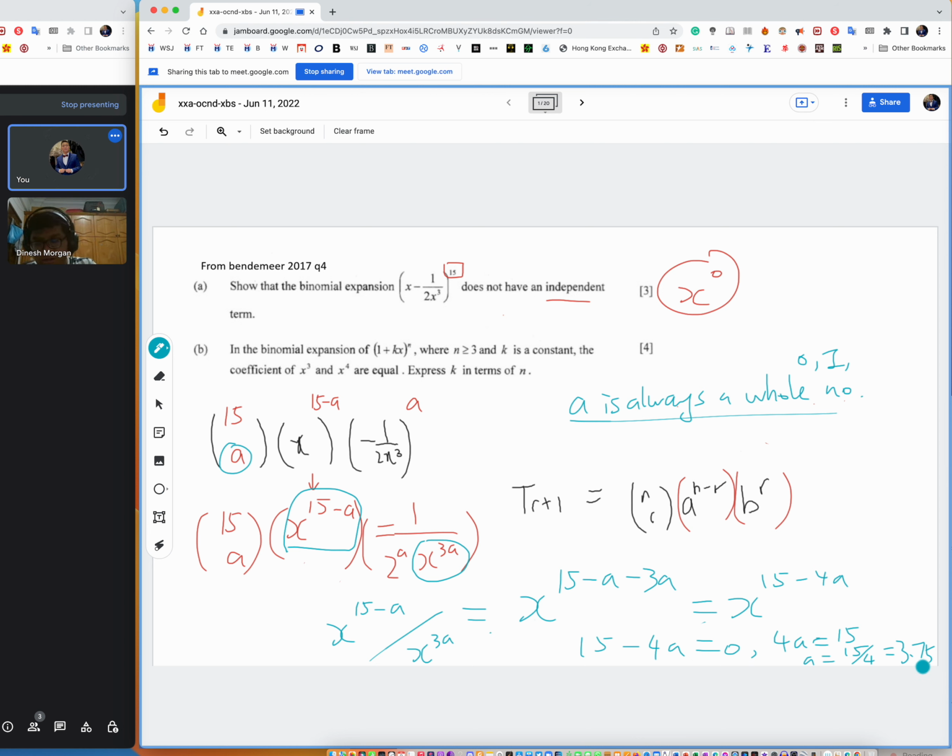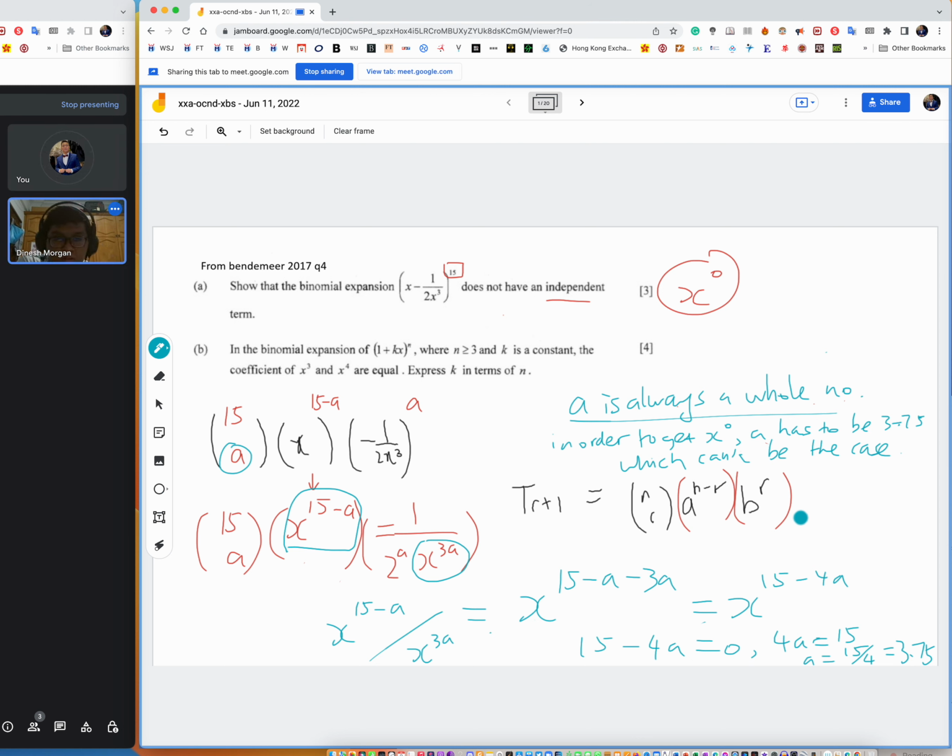That's how you show it. So a is always a whole number, and in this case, in order to get x to the power of 0, a has to be 3.75, which can't be the case.